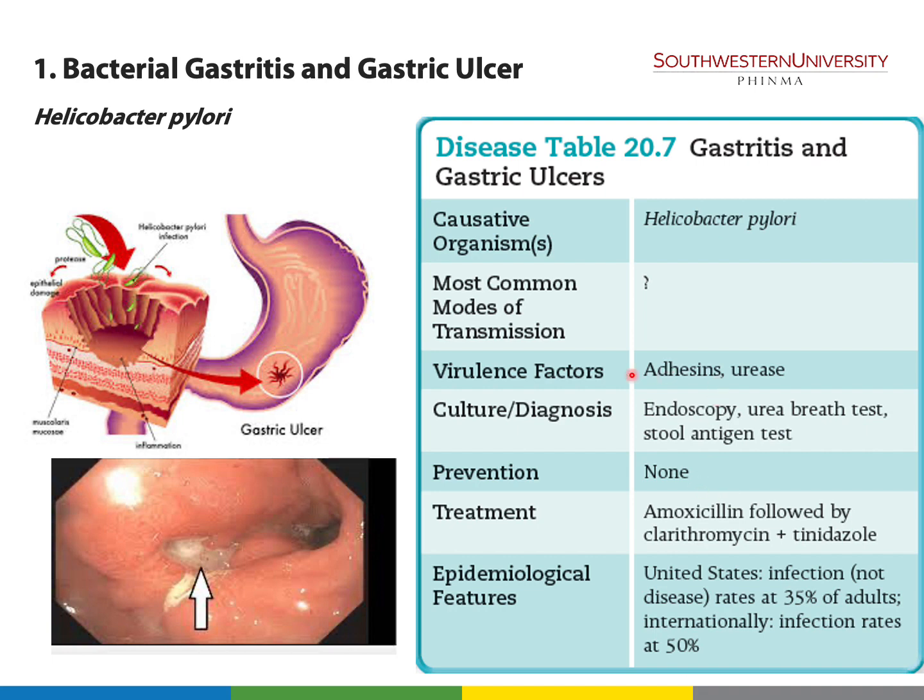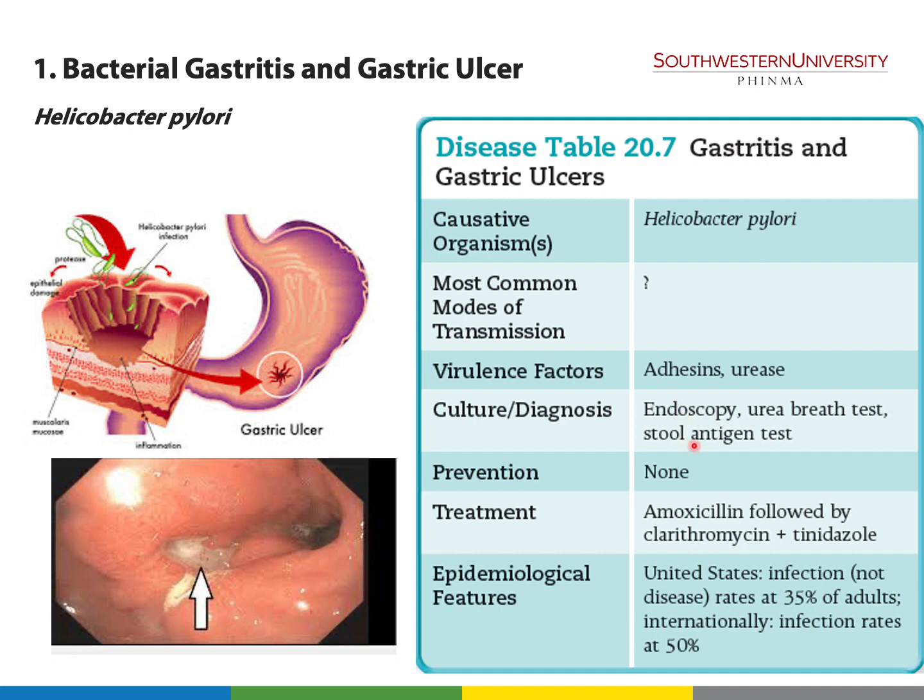The common virulence factors of Helicobacter pylori are adhesin and urease. That is why it lives in the stomach, because of the enzyme urease, which converts urea to ammonia. Adhesin is used for adhesion.